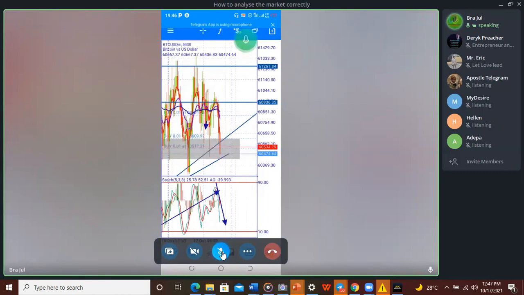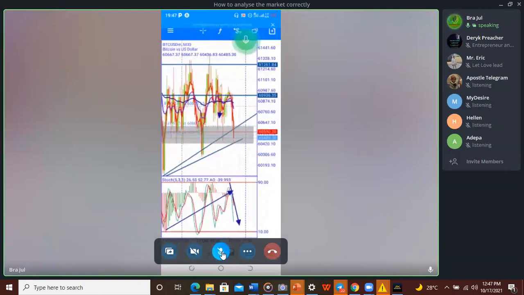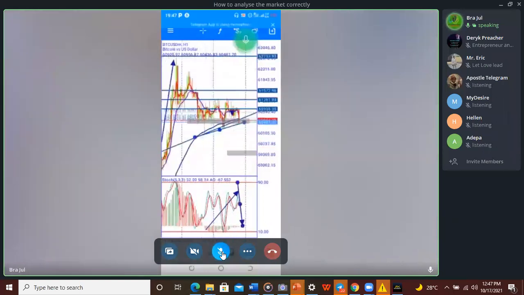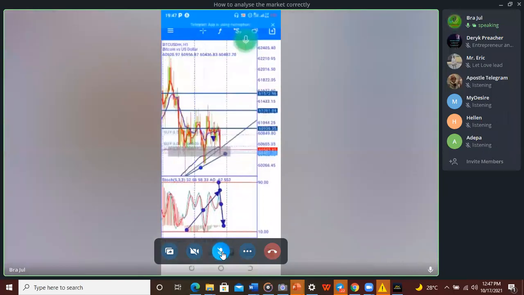So that's how it is now. The stochastic and the other indicators are also pointing down. It's also showing that the likelihood of it crossing downward is very, very high, because all the moving averages have also crossed downward.